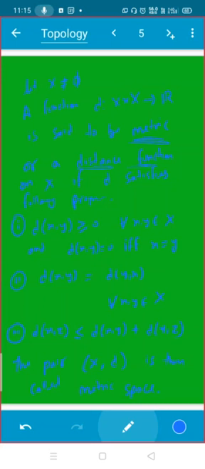Perfect. Now let us try to see some examples. I have already started with distance about the modulus function, correct? So the question would be whether the set x, if I take as real numbers, let us go to the next page. If I take x as real numbers, can you give me a d such that it will be a metric space? Can you give me a metric? Mod of x minus y. Perfect.